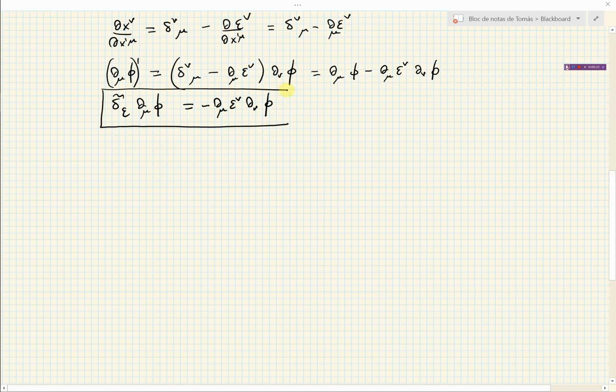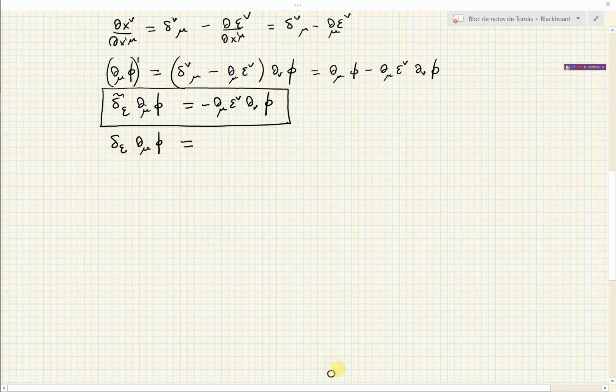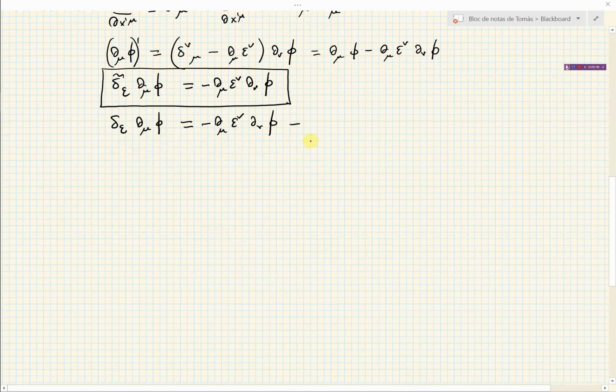Okay, and using this universal relation between delta tilde and delta, we know that delta epsilon of partial mu phi will be given by delta tilde epsilon minus epsilon nu partial nu of partial mu phi.